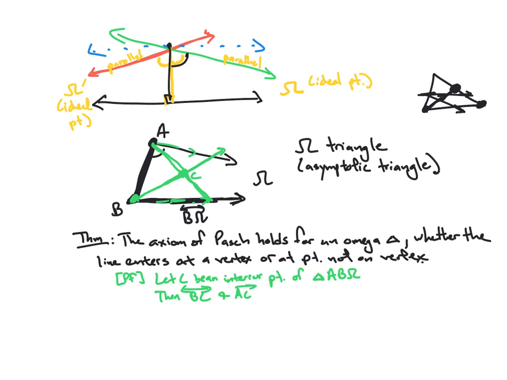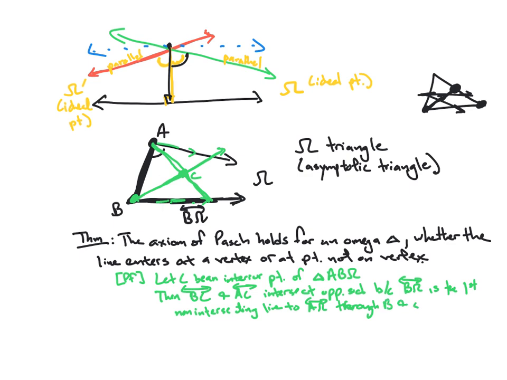Then BC and AC intersect opposite sides because B omega is the first non-intersecting line to A omega through B, and I'm just going to say similar for AC and A omega.